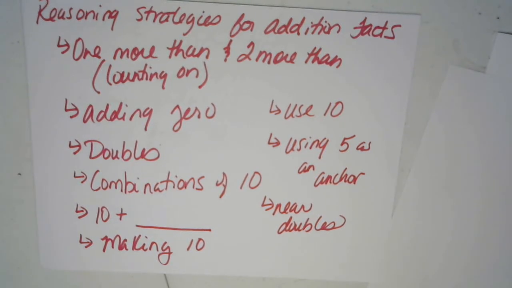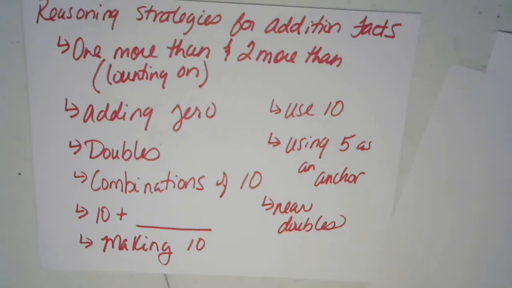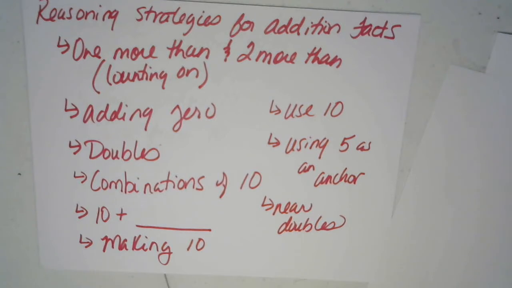Too often, students are asked to go from the counting phase to the memorization or mastery phase without a lot of focus on the reasoning phase. How did you arrive at that answer? So a significant part of chapter 9 is focused on reasoning strategies, giving students a lot of strategies so that they can find one they're comfortable with and can master.